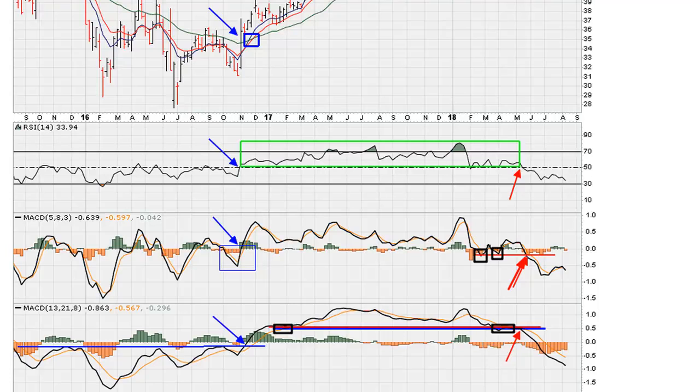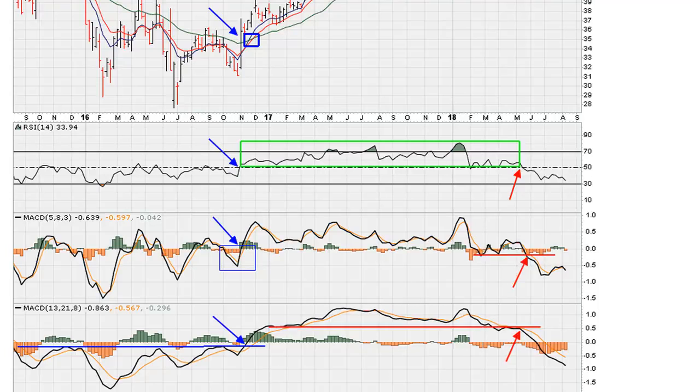Try to support here, ultimately we break below that level and we drift lower. That's a change in behavior. Here we move below zero. This movement below zero is very important because it tells you that the average price movement on a week-to-week basis is to the downside. In other words, you have bigger moves to the downside, smaller moves up during this phase. In other words, you are losing ground when the MACD is below zero.